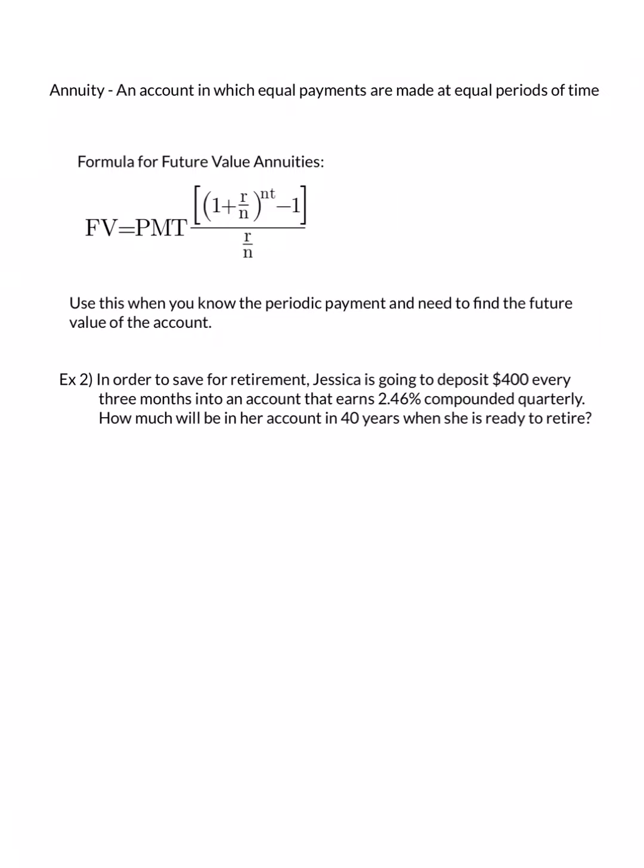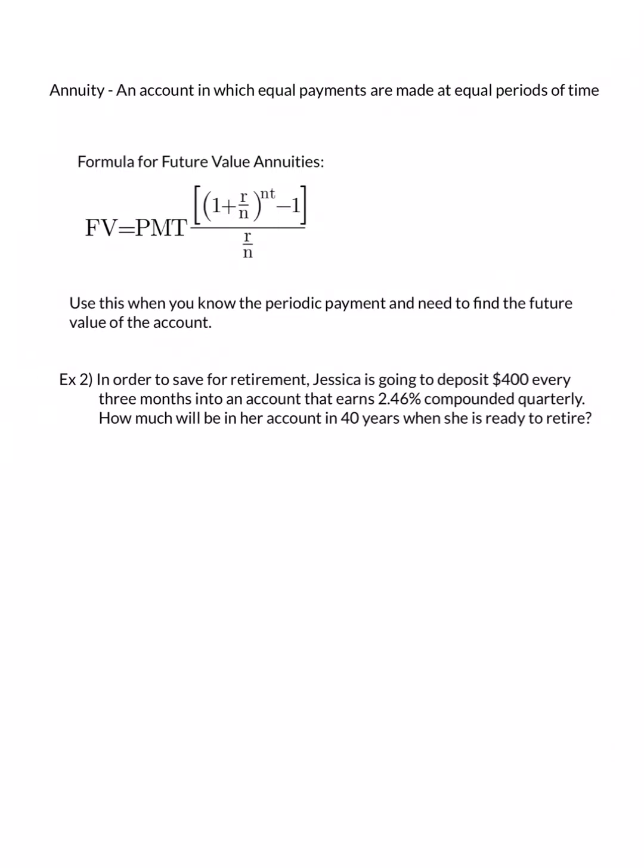Example 2 is a situation when you would need to use this new formula. In order to save for retirement, Jessica is going to deposit $400 every 3 months into an account that earns 2.46% compounded quarterly. How much will be in her account in 40 years when she is ready to retire?